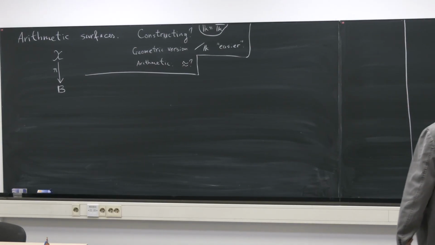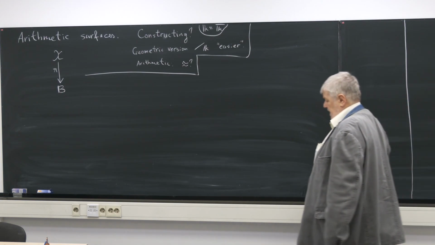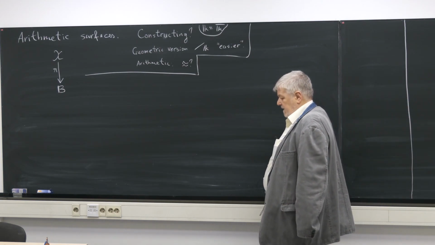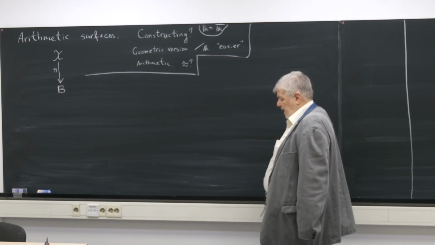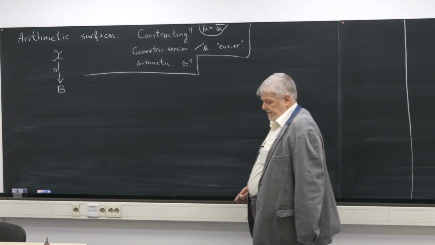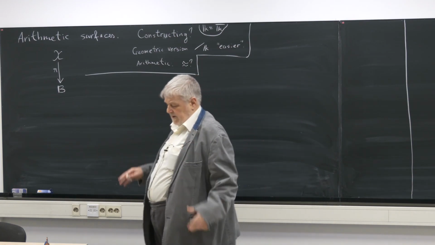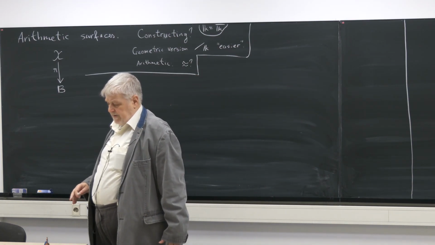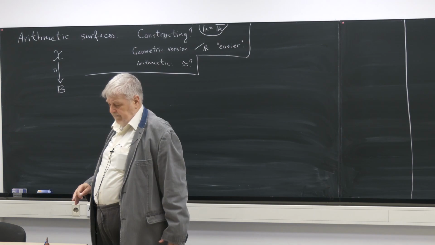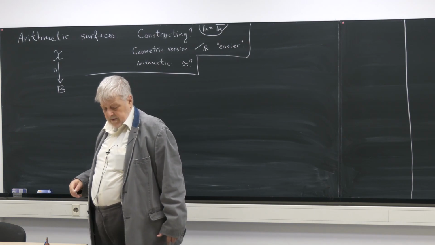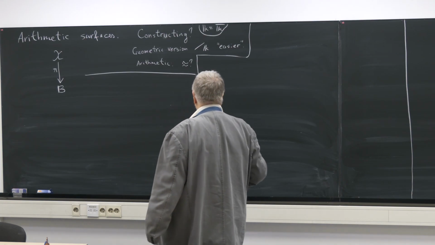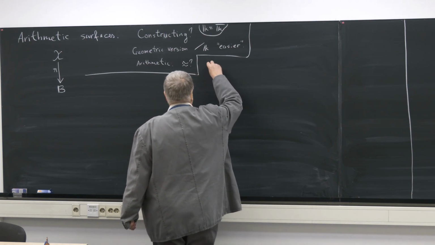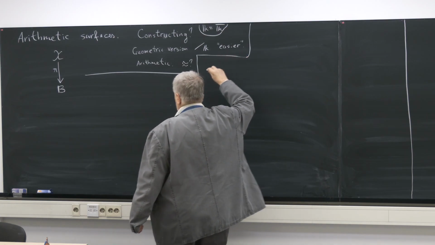So I would say that there are basically two geometric ways. I put aside just writing down the equation. It is obvious, but we are going to discuss the geometry. So there are basically two geometric ways.